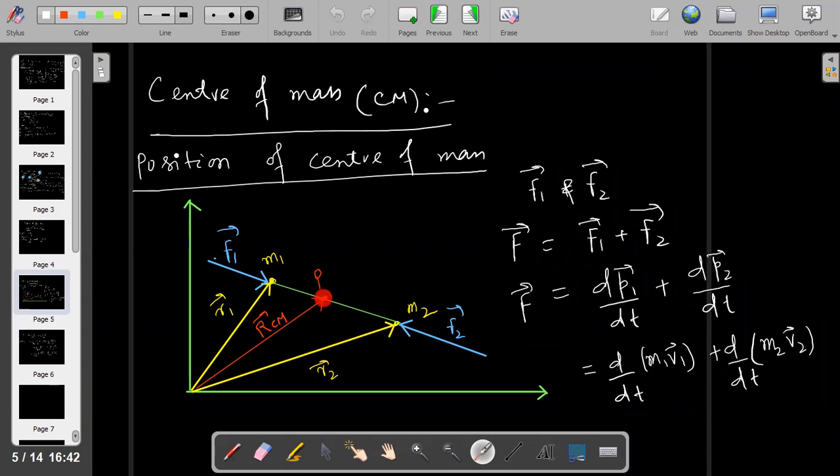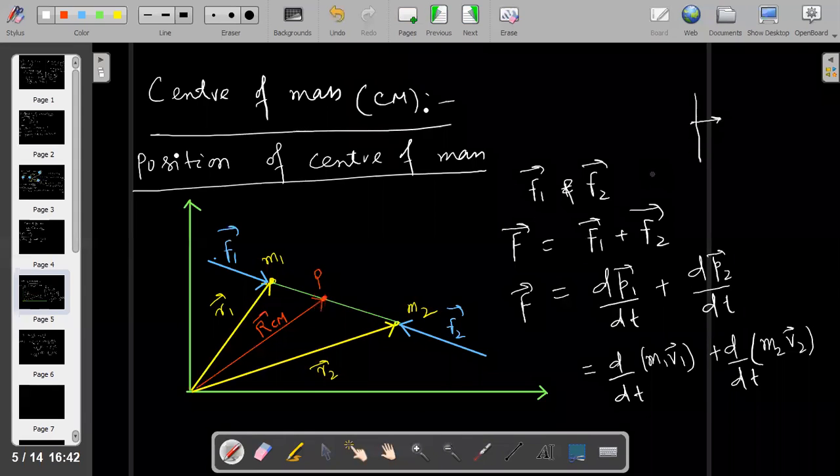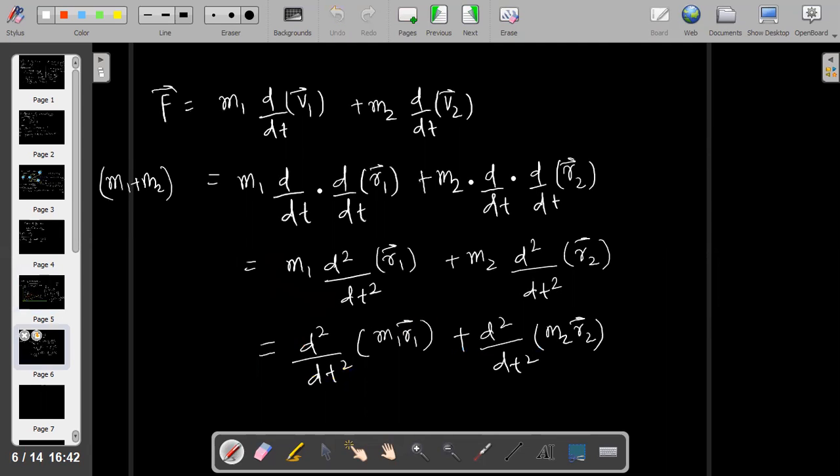Therefore, I can write here F equals mass into acceleration, the acceleration of the center of mass. Any doubt?